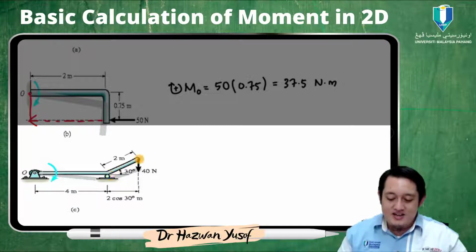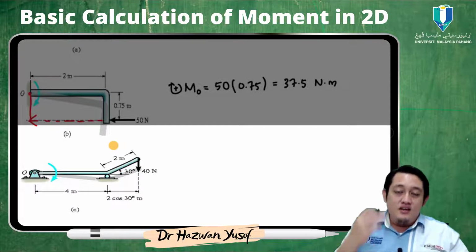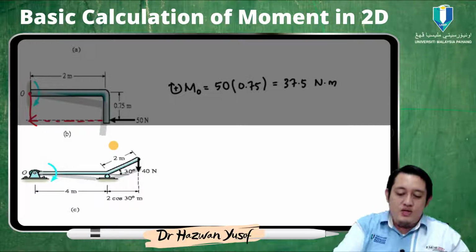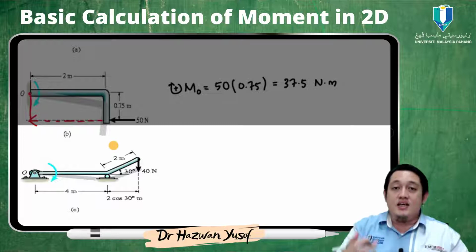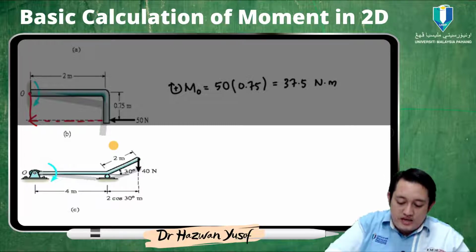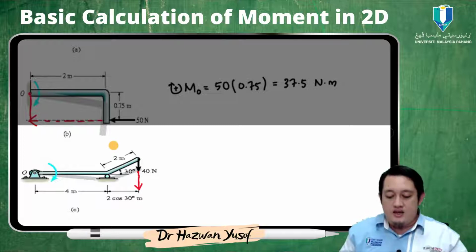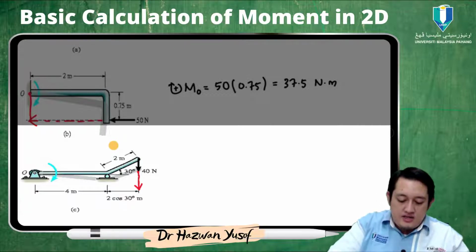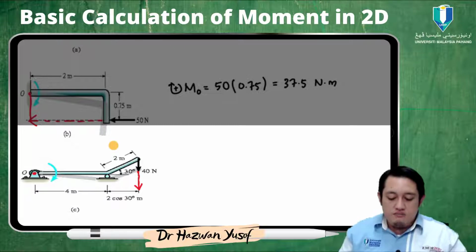How to calculate the distance? As mentioned, if you don't know which distance creates 90 degrees, make sure to extend the line of force. This one is the rotation point.